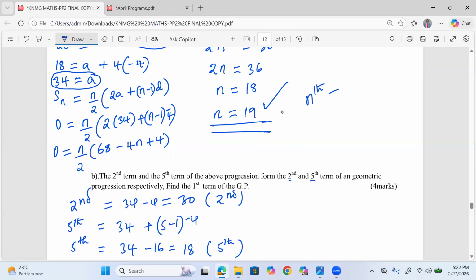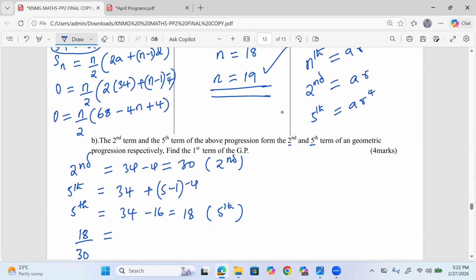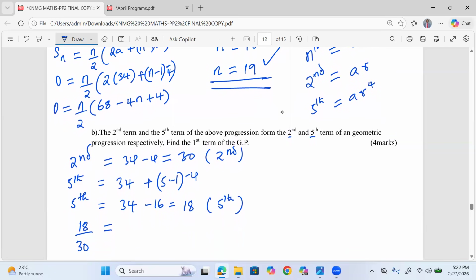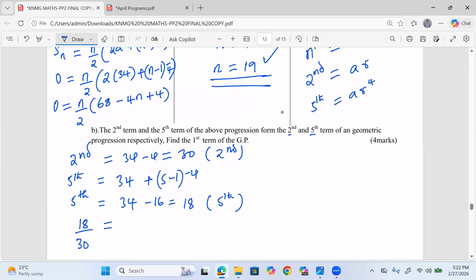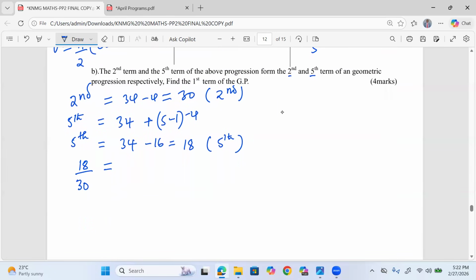In a GP, the nth term is given by A R power n minus 1. Therefore, if it is the second term, it becomes A times R. And if it is the fifth, it becomes A R power 4. Because it is the fifth, it is now power 4. Second, R is power 1. So because we have started with the fifth, 18, we talk about A R power 4 out of A R.